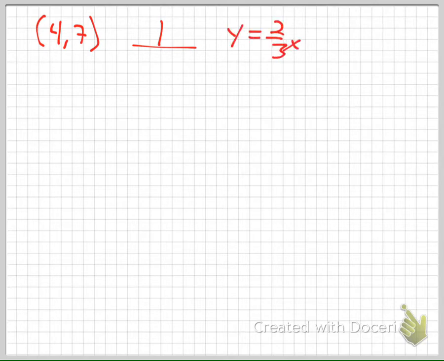Do the one on the bottom of page 239. Our point goes through (4, 7), and we are perpendicular to y equals 2/3 x minus 1. Again, understand the question.